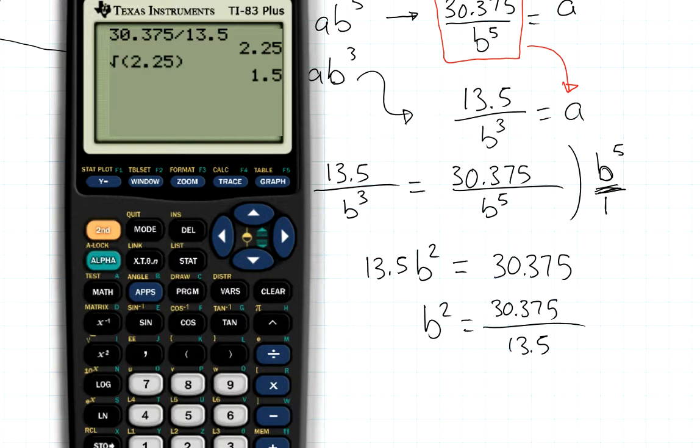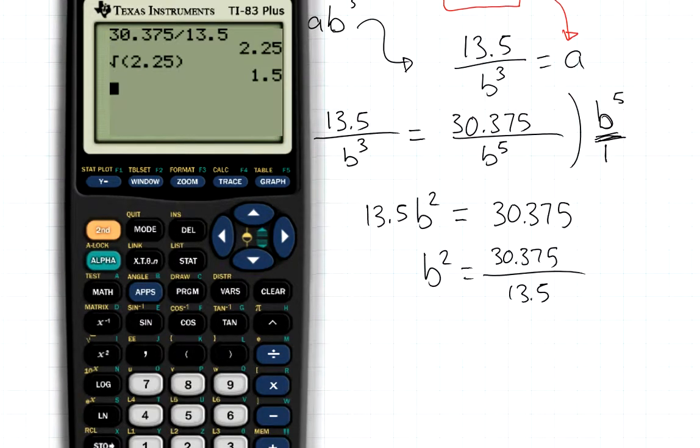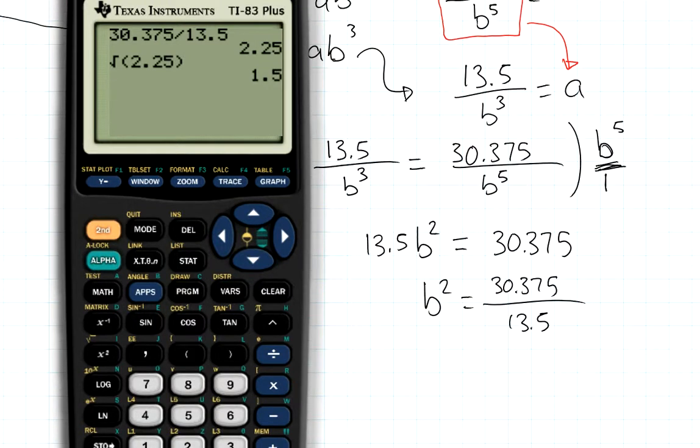So let's make sure we understand our thinking before we move on here. I'm taking the square root of both sides of this. I'm taking the square root of this side and the square root of this side. This number on my calculator equals the square root of the right-hand side. So this whole thing now is just 1.5. And on the other side, if I take the square root of b squared, it's essentially the absolute value of b.